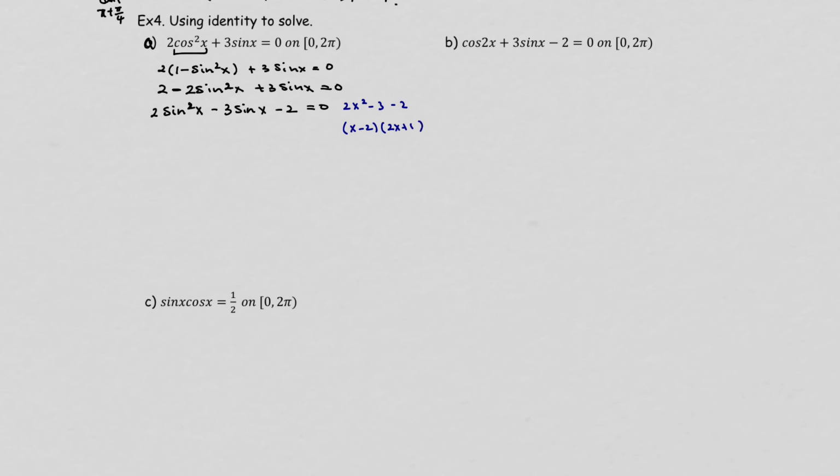It means when you factor this trig function, you will get sine x minus 2 and 2 sine x plus 1. Same factoring as this, it's just that instead of x, your middle term on this trig function is sine x, right? That's what you have here.